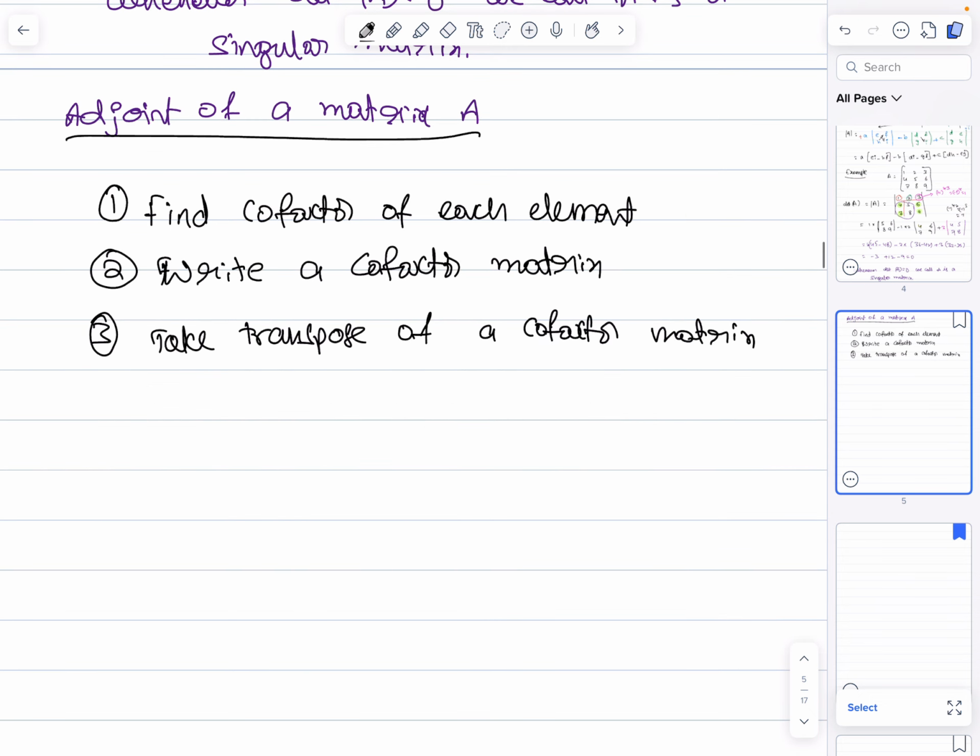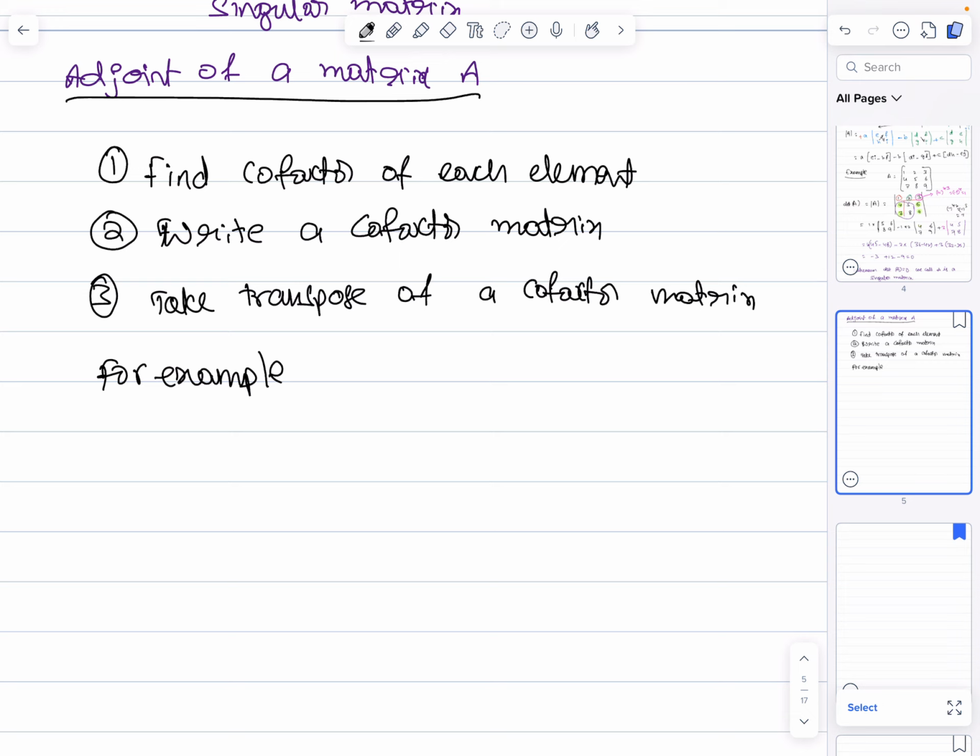For example, if you take a 2 by 2 matrix, A is equal to 1, 2, 3, 4.